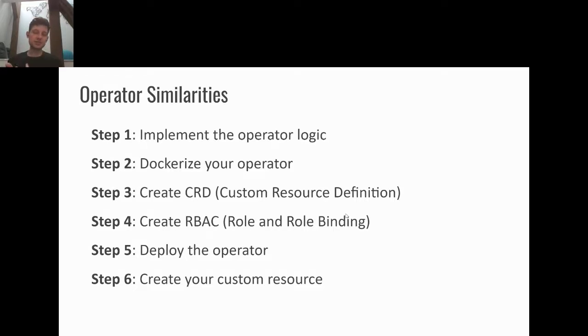We need some permissions for the operator. We need to deploy the operator. That's all the same. And we need to finally create our custom resource. That is why in this talk, I will focus on step 1, how to implement the operator, but I will always give you the context and the commands for all the other steps, which are the same.